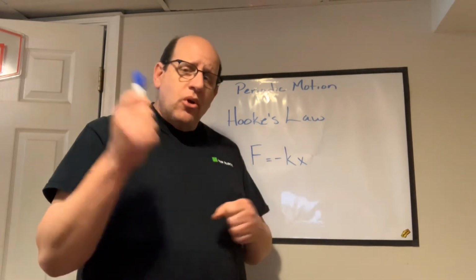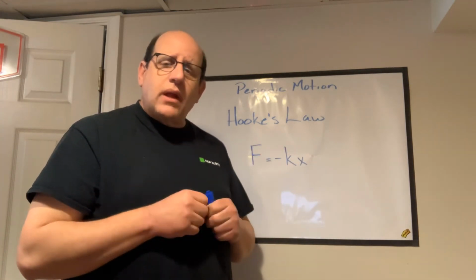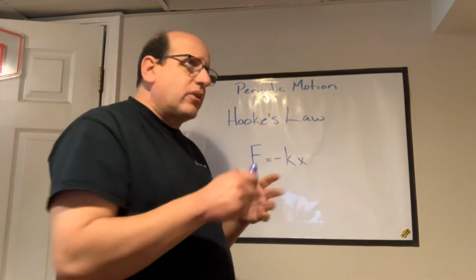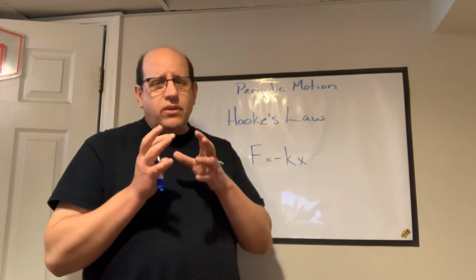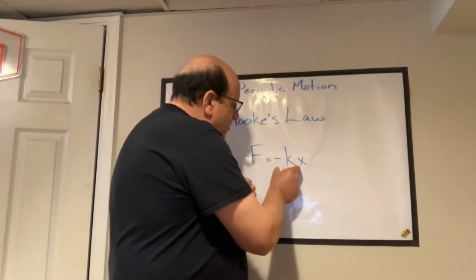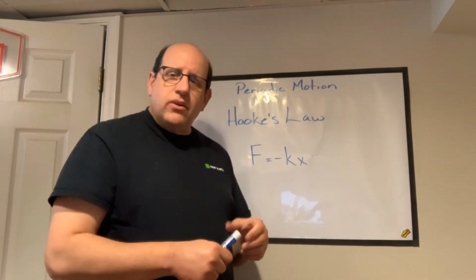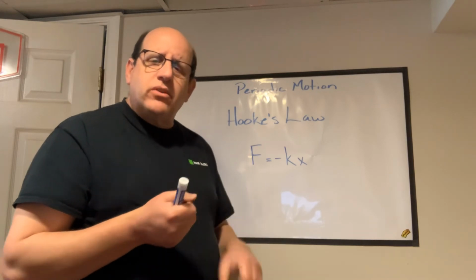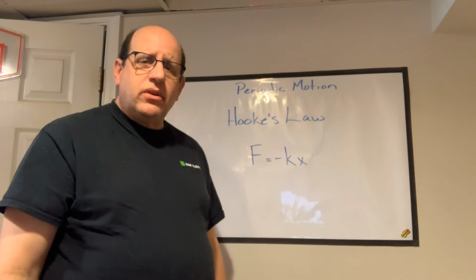It doesn't matter which direction we're going, that spring always wants to come back to being relaxed. So we don't necessarily use the negative in our calculations. We just need to know that this is a value that doesn't add on to the force, that it's just how that spring wants to be restored.